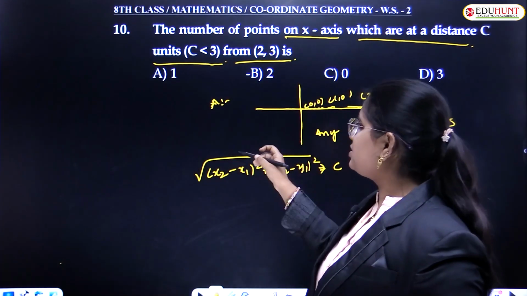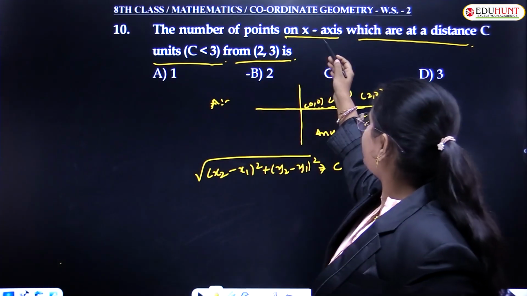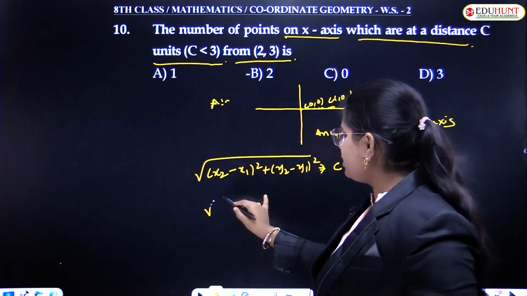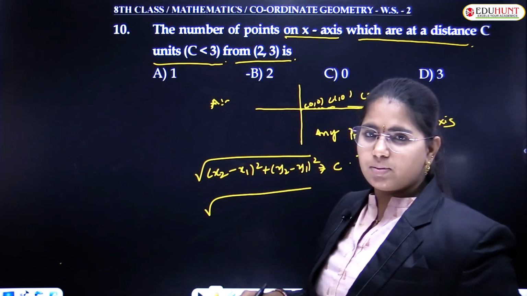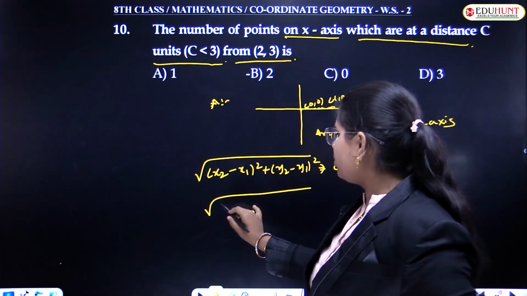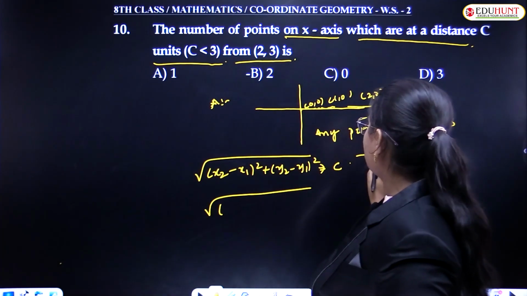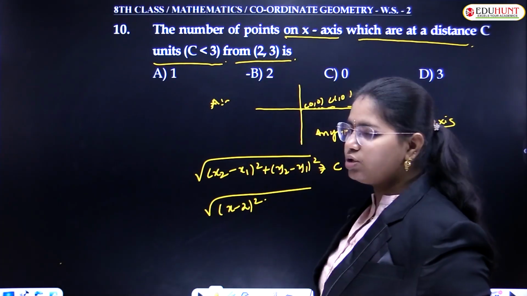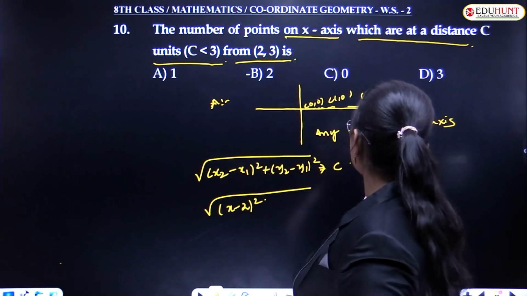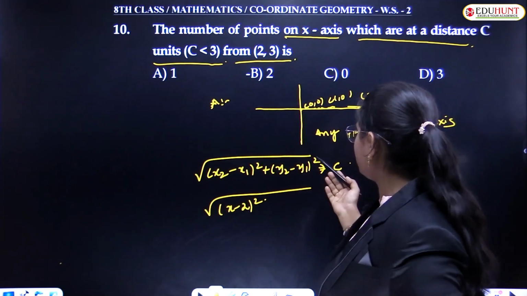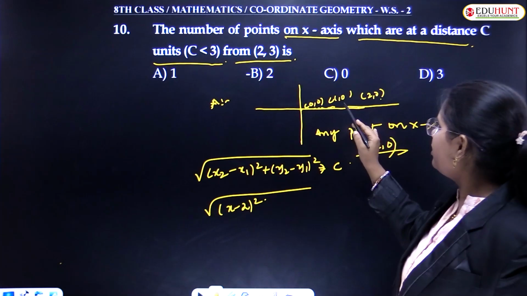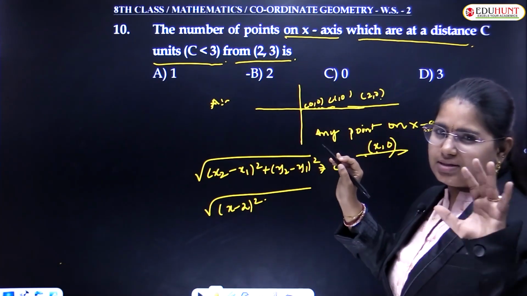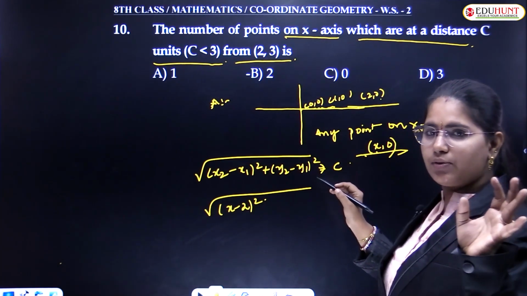What they have given in the question: the first point is (x, 0). So x minus 2 whole square, and 0 minus 0 is 0 whole square. First one is a very simple question.